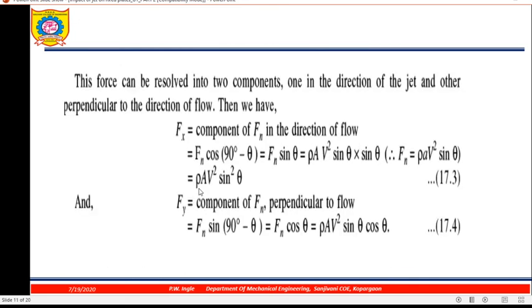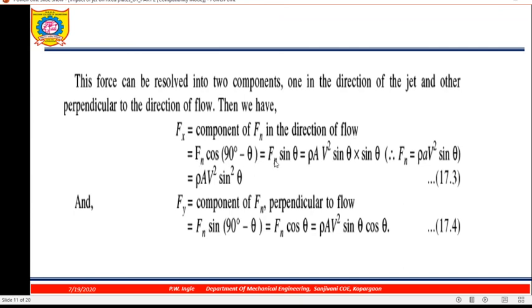Now it is Fx and Fy. This force can be resolved into two components. One is in the direction of the jet and the other is perpendicular to the direction of flow. Therefore, Fx equal to the component of Fn in the direction of flow.